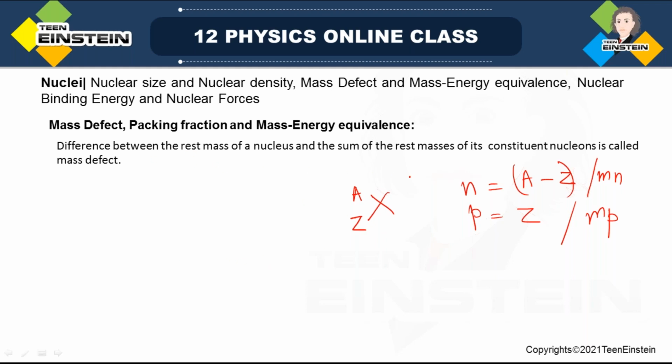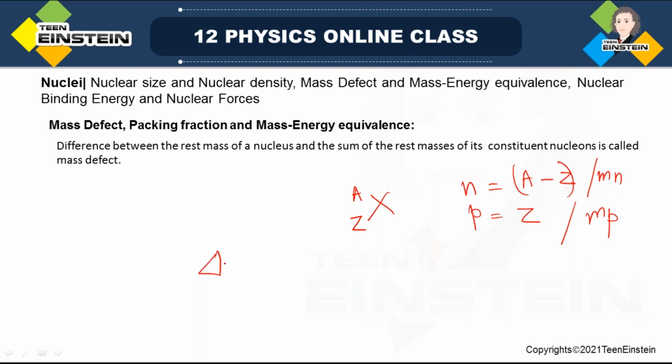Then according to our definition, the difference between the rest mass of the nucleus and the sum of the rest masses of its constituent nucleons is called mass defect.